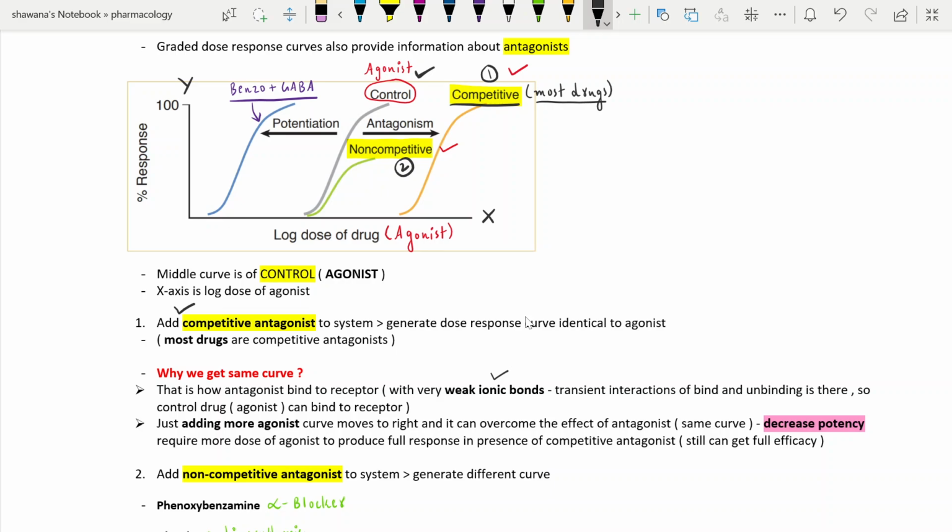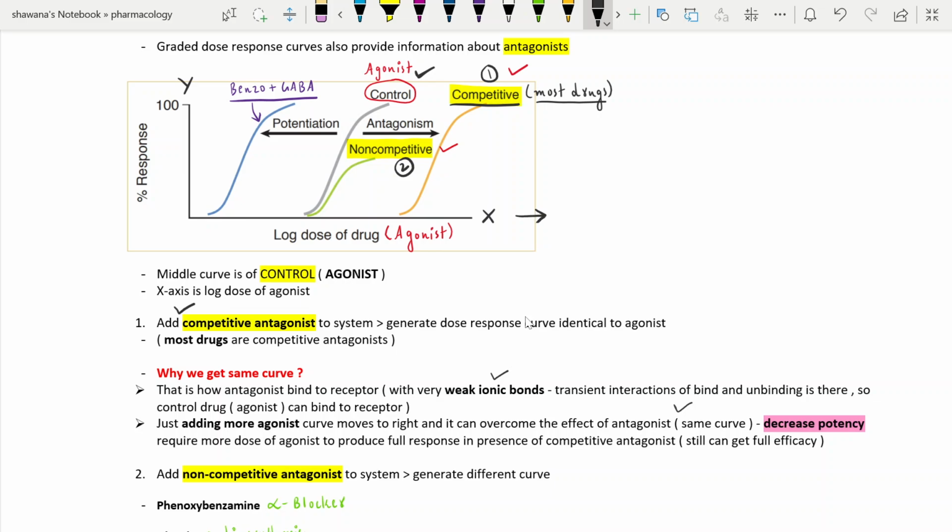For example, we are adding a competitive antagonist to the agonist and both have the same receptor, right? The competitive antagonist will have weak ionic interactions with that receptor and will undergo a series of binding and unbinding, and in this process of unbinding, the agonist drug, which is the control drug, will bind to that receptor. When we add more concentration of agonist, it will overcome the effect of the competitive antagonist and the curve will only shift towards the right.